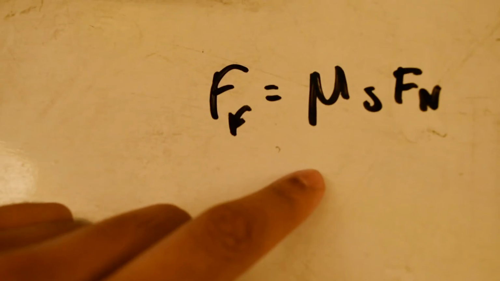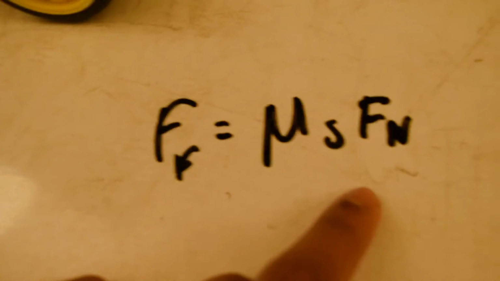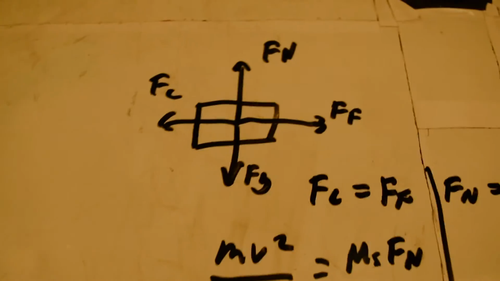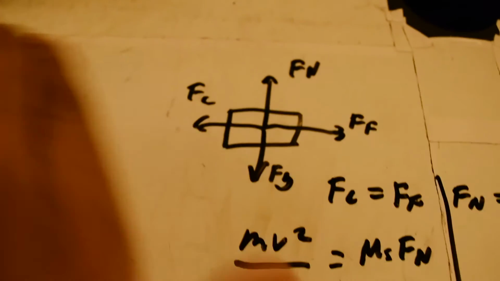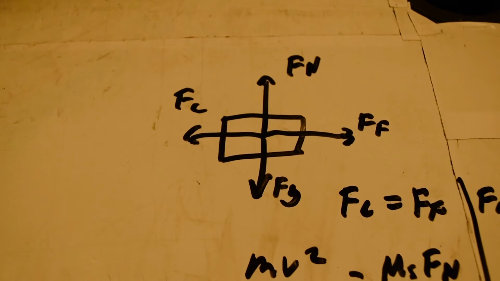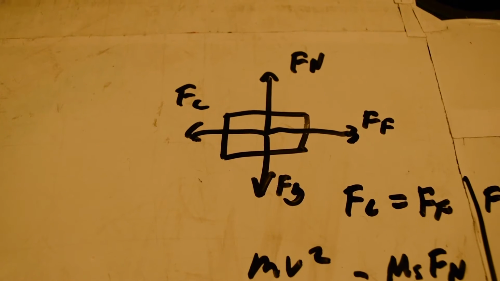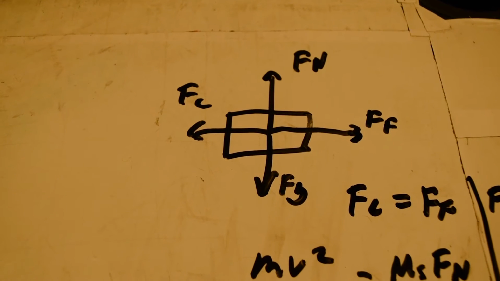That means this is maximized to the best of my ability, but there's something else: the normal force. In this free body diagram of the car taking a turn, we can tell that Fc is equal to the force of friction, assuming that it's not an embankment, and that the force of gravity is equal to the normal force.